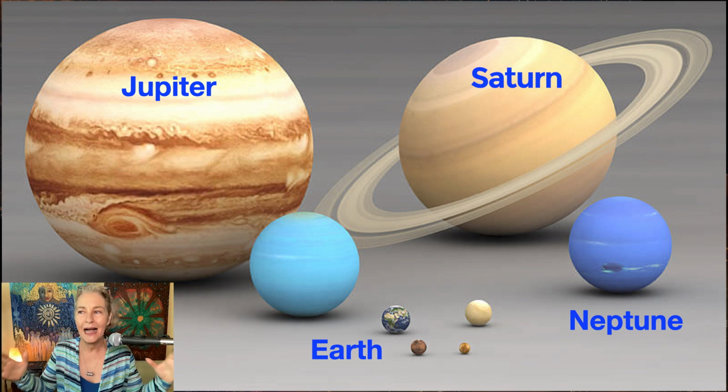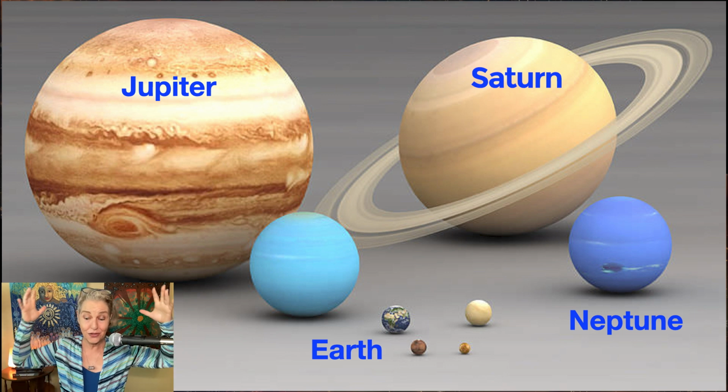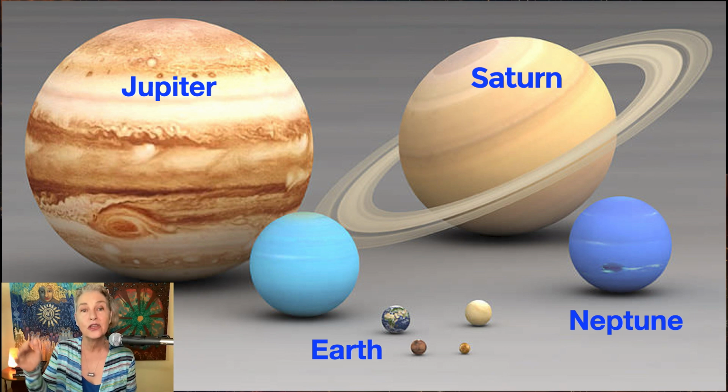Jupiter is the god of expansion, and there's a reason. Jupiter's huge. Saturn looks big, but it's quite a bit smaller than Jupiter. The rings make it look bigger. Then we have Neptune on the right, which is that beautiful blue, and Uranus, which I didn't name here, is the other blue. Then we have Earth, Mars, Venus and Mercury, the smaller inner planets.